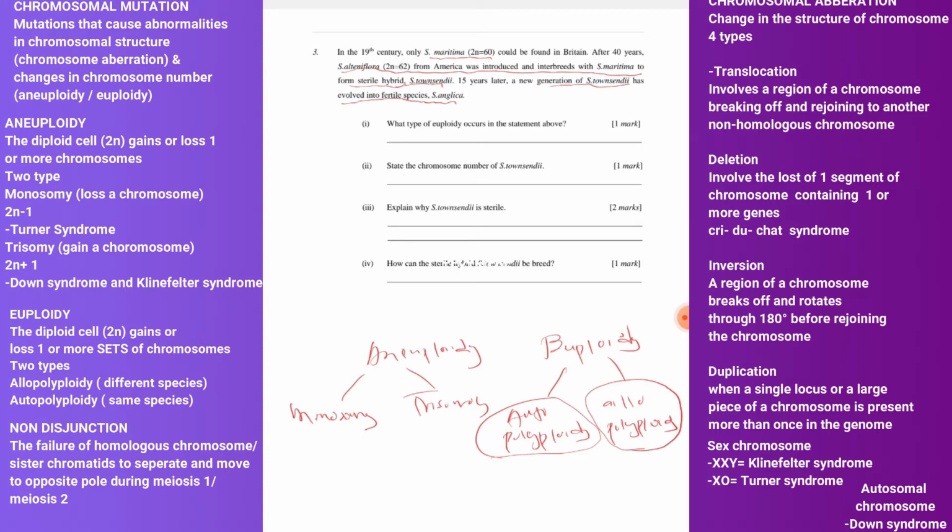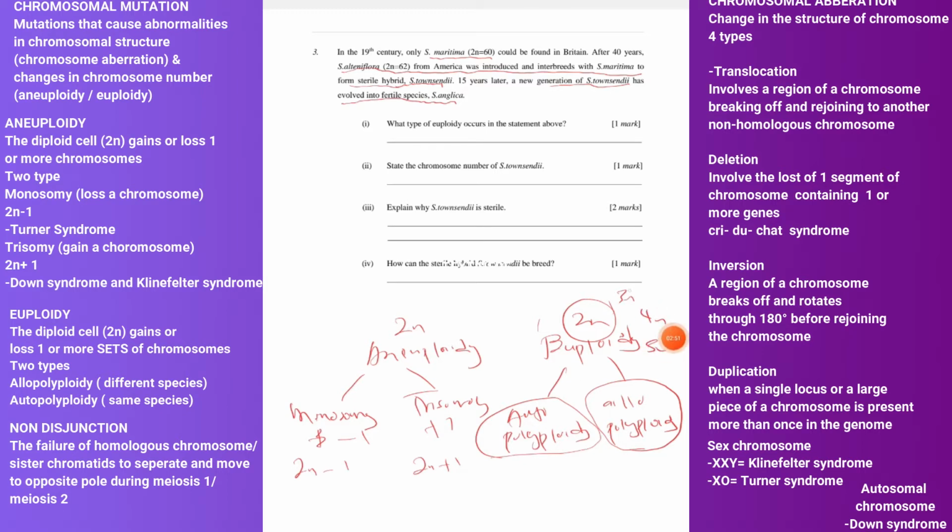What is the difference between aneuploidy and euploidy? In aneuploidy, a set of chromosomes either gains one chromosome or loses one chromosome. So monosomy is 2n-1, trisomy is 2n+1. Euploidy involves whole sets of chromosomes, either 3n, 4n, 5n.